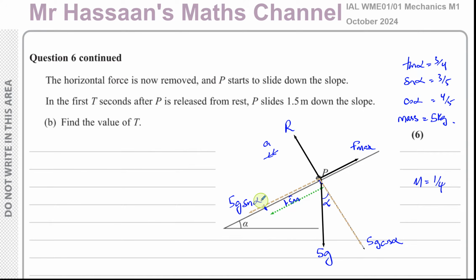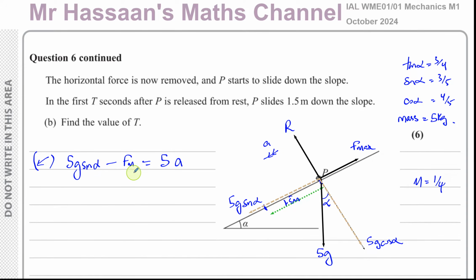Now we want to find the acceleration. The resultant force, if we take this direction as positive, is 5 times g sine alpha minus F max, the only force acting in the other direction, and that is equal to the mass, which is 5, times the acceleration, a.